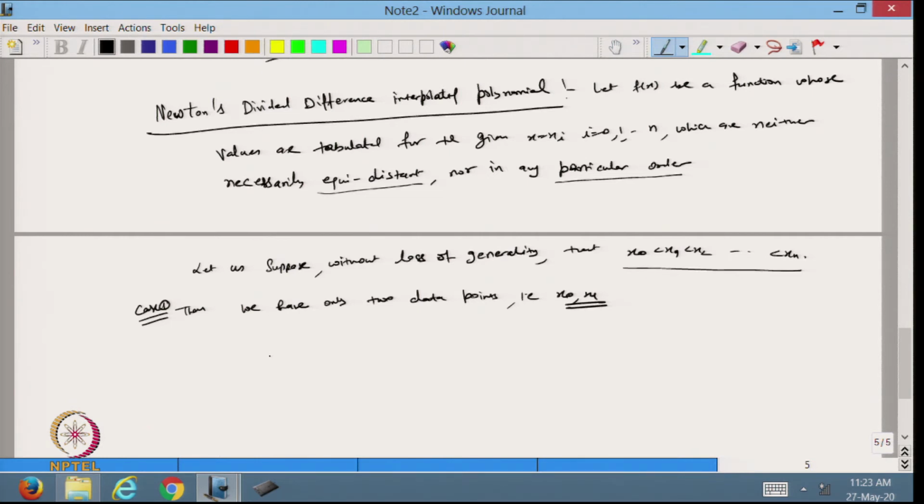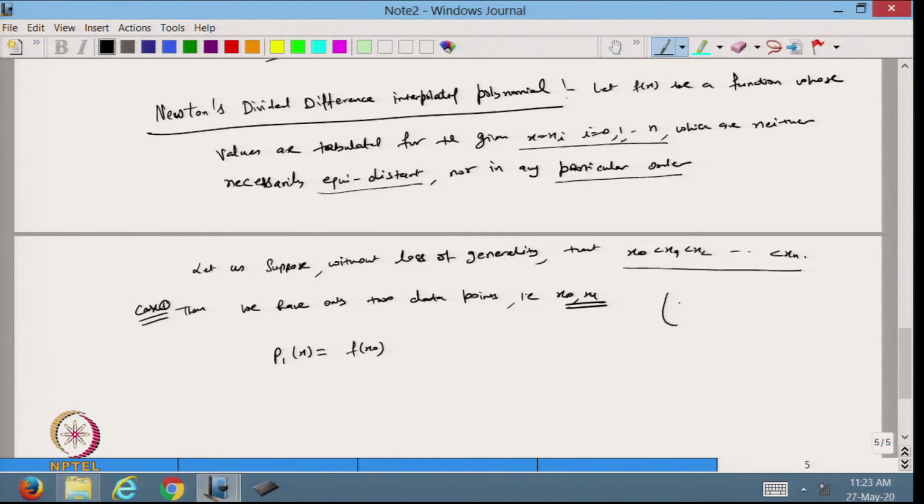So, in that case I will write my interpolating polynomial, that is p1(x). So, in the p1(x) what we do? We write, so this value is given to me. So, I will write f at x0, whatever the value is given to me. We have the given nodal points.